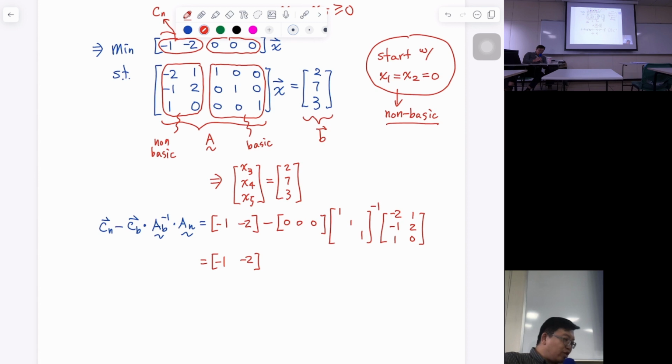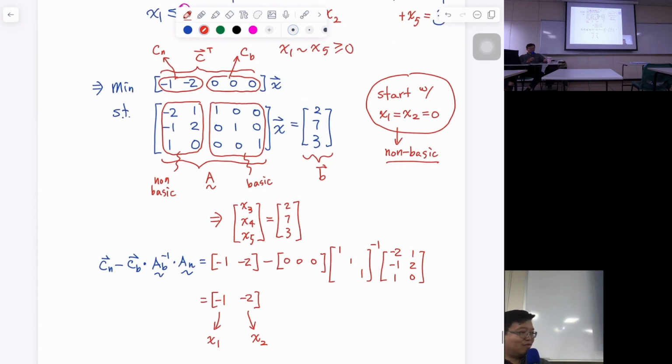The first coefficient is representing the first non-basic. So this is the coefficient for the first non-basic. This is representing the coefficient for x1. This is the coefficient for x2. If you go back to check on your objective function, basically you have -1x and -2x.